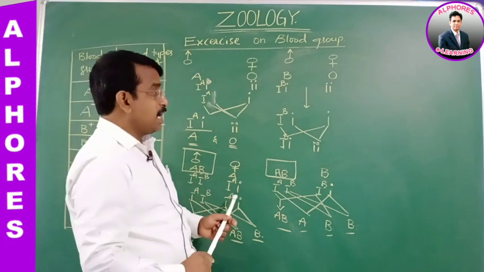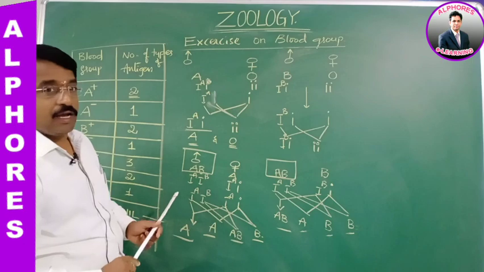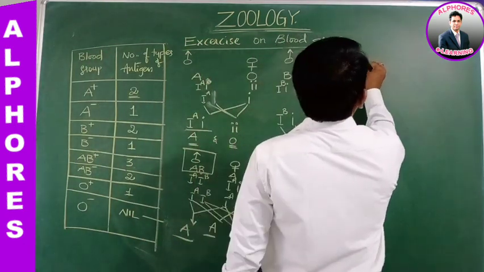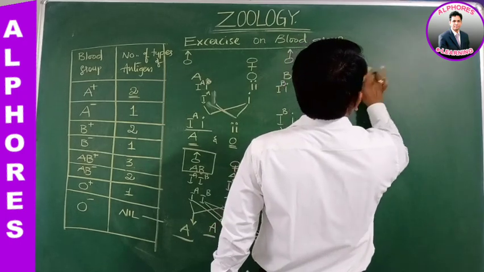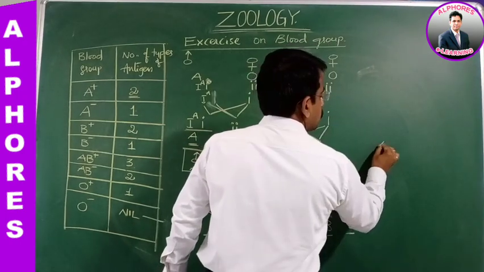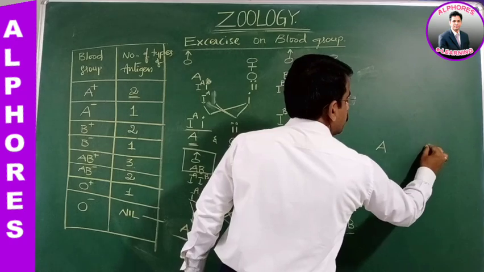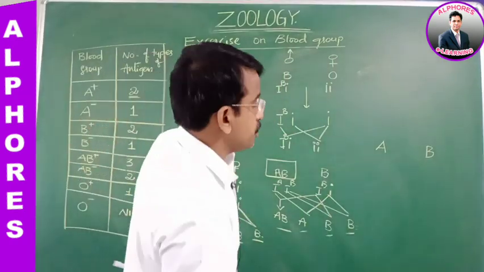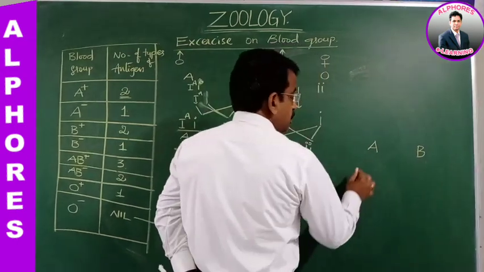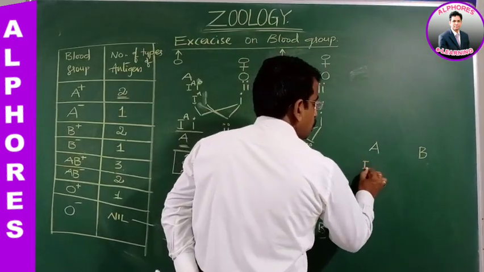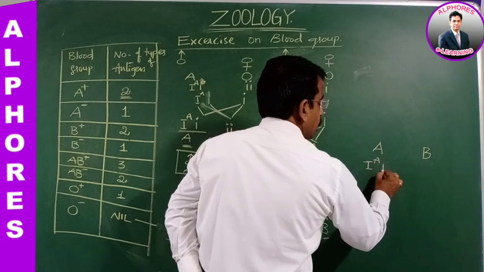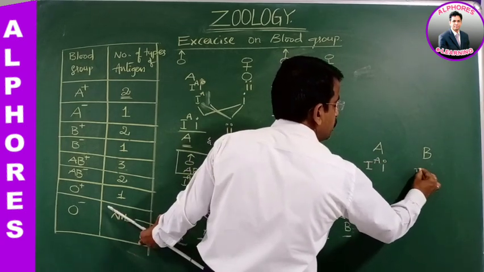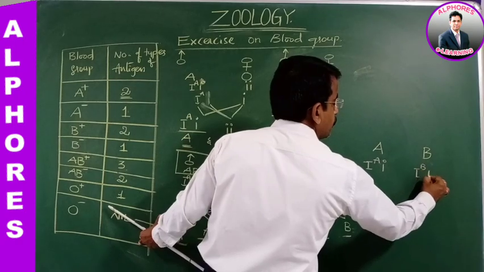Next, one more point to remember, A and B. If we go for another combination, A and B, look at here, A and B. In this connection, if we see A and B, what do you come to know? IA, IO and IB, IO.